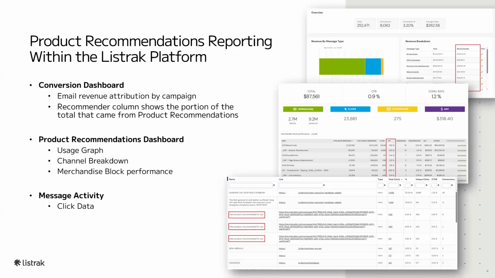And if the merchandise block is named appropriately, you should be able to identify which campaign that merchandise block is in, how many impressions were delivered, and then what the click-through rate is. You can also see the conversion rate, which is what happens after someone has clicked. That is looking at, of all those visits from product recommendation clicks, how many people converted, and then what was the revenue. So first and foremost, we have to get people to click on the product recommendations, and then the conversion stuff happens after the click.